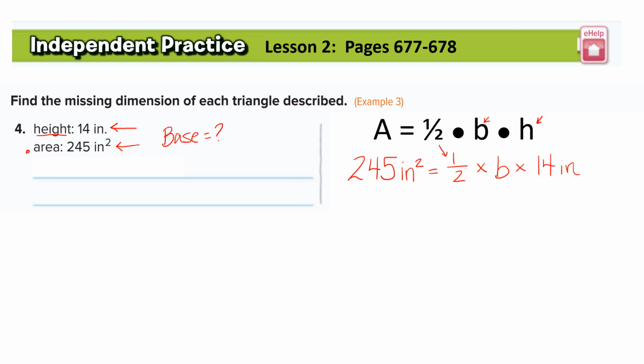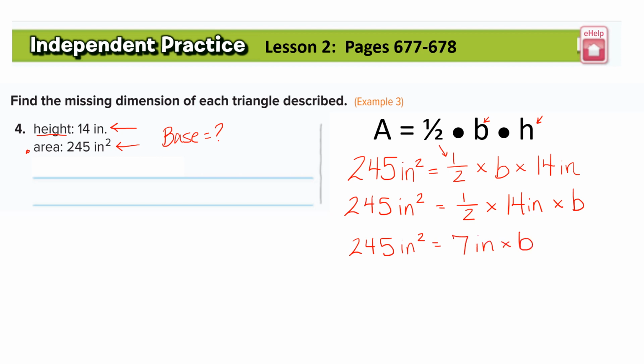Because of the commutative property of multiplication, I can rearrange my numbers. I can write now 245 inches squared equals 1/2 times 14 inches times the base. This would equal 245 inches squared equals 1/2 times 14 equals 7 inches times the base.